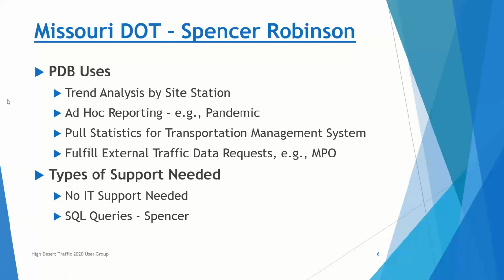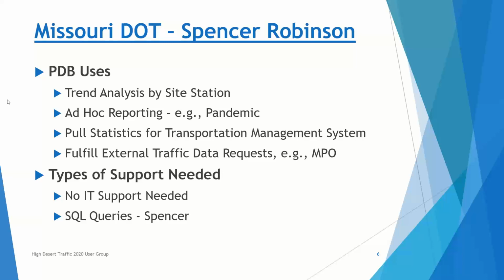The main uses we have for the public database are every week when we finish running short counts, we run a trend analysis by all the historical data we have for each site and run a few statistical checks to check mean versus standard deviation for all counts that we've ever collected for a site to give us a shorter list of counts to manually check over at the end of the week.